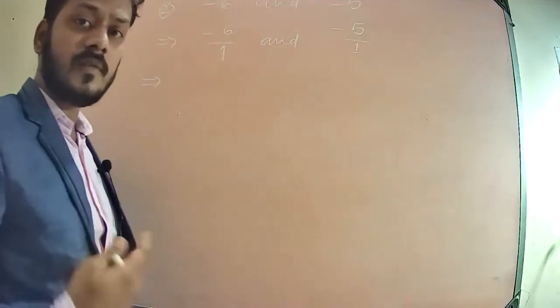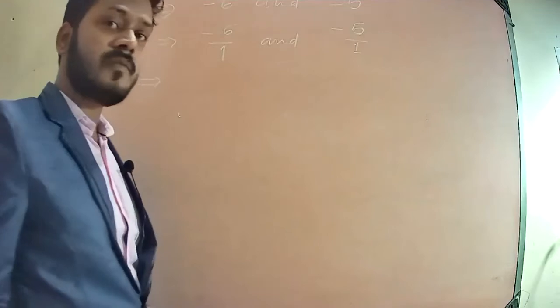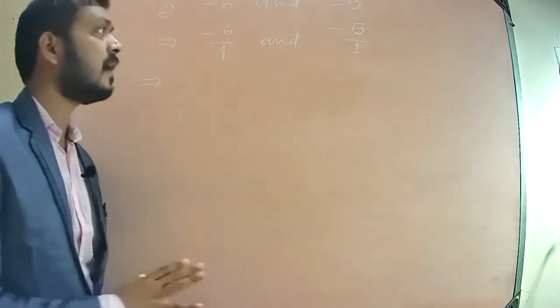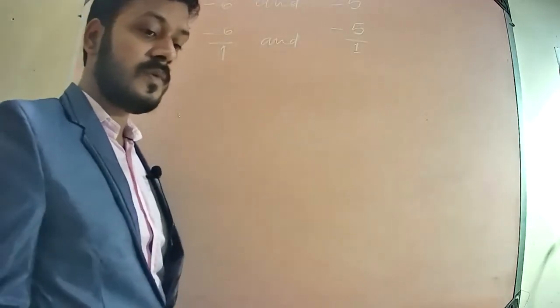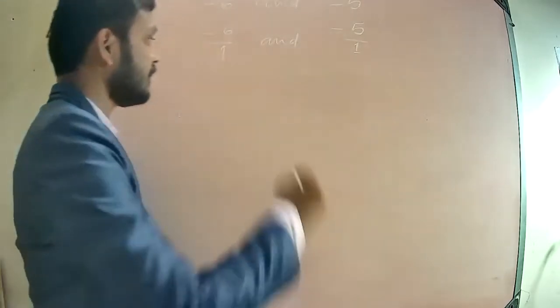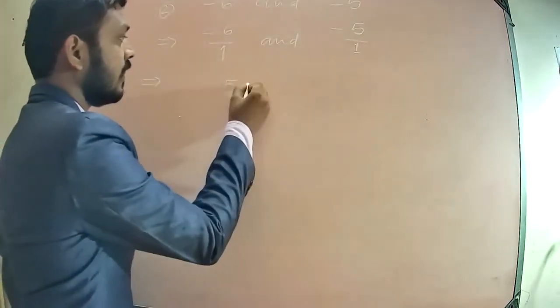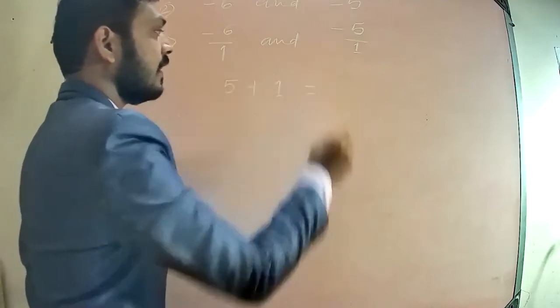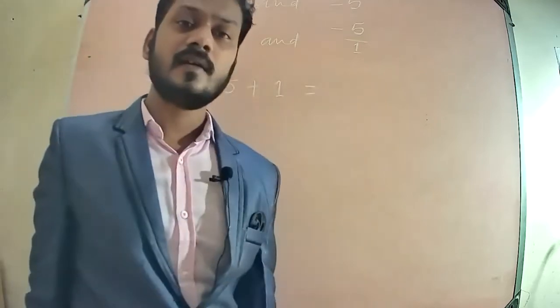So firstly we can understand what the procedure is. Suppose we are asked to find 5 rational numbers between -6 and -5. So what's our procedure? 5 is the required number of rational numbers, and we add 1 here. Okay, why is it needed to add 1?